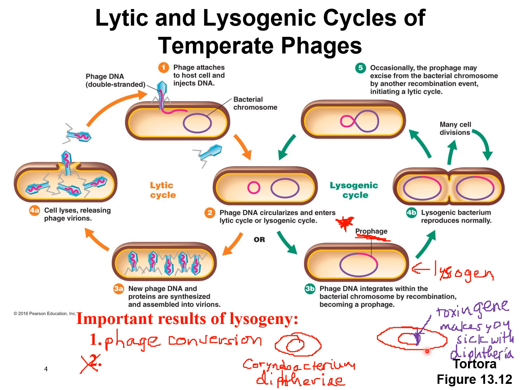So that's really interesting. It's actually the phage that's making you sick with diphtheria. So that is phage conversion. These bacteria get converted by the bacteriophage and now are able to make you sick. So that's phage conversion.